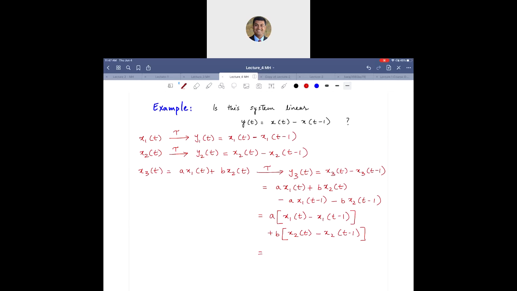And if I look at this term here, that looks exactly the same as y1, and this term over here looks exactly the same as y2 over there. So I should be able to write a times y1 of t plus b times y2 of t. So it is linear. I hope that was a helpful check.